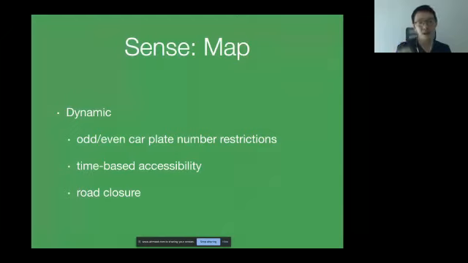So all these are quite dynamic. You cannot embed all this information into the map data. You need to find a specific customized solution to enable this business scenario, the business requirements.